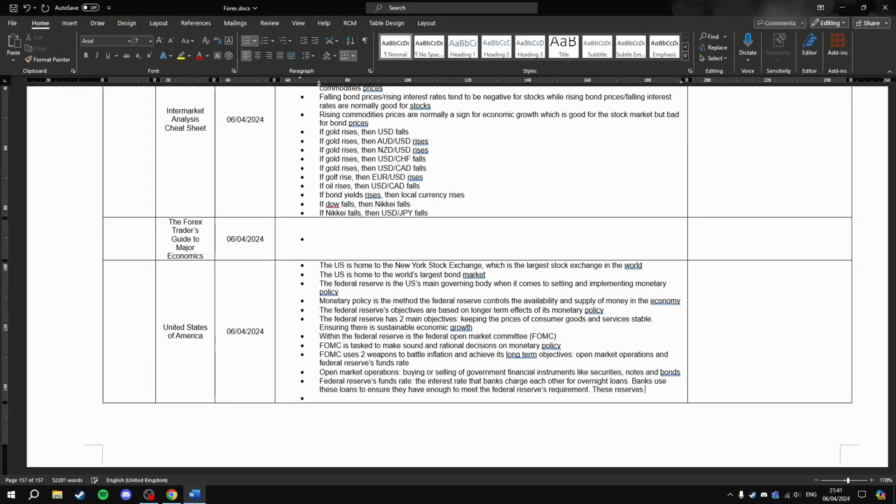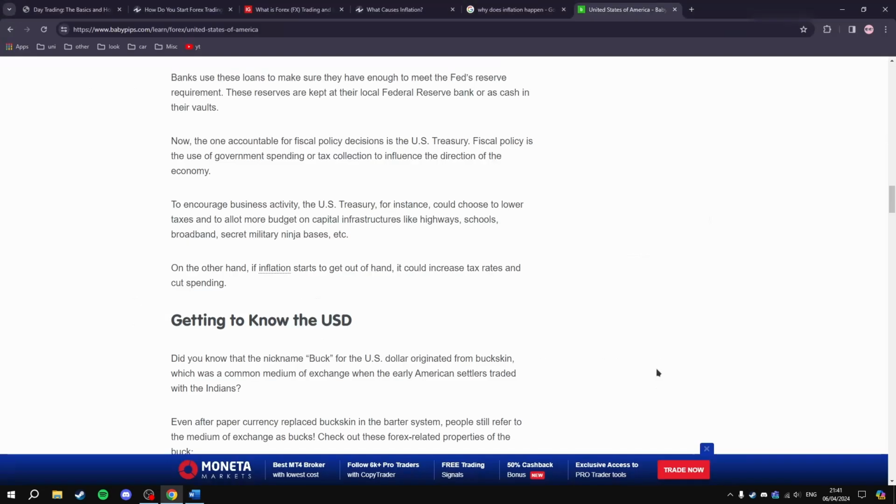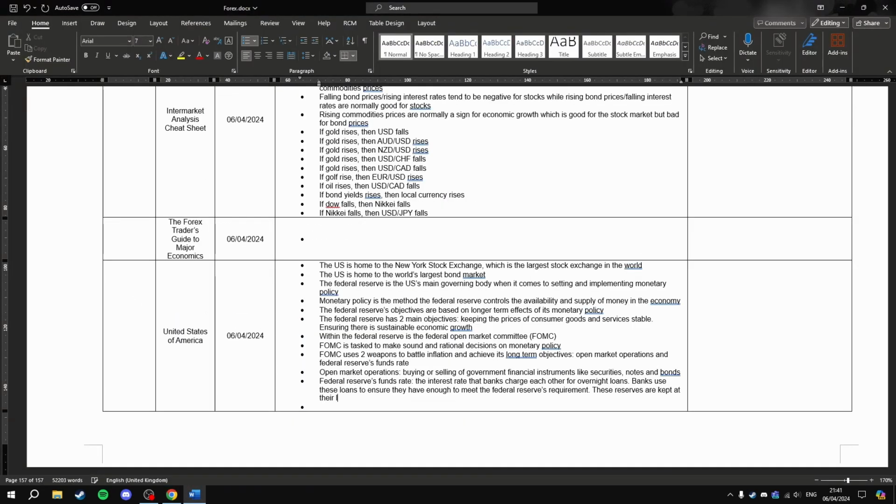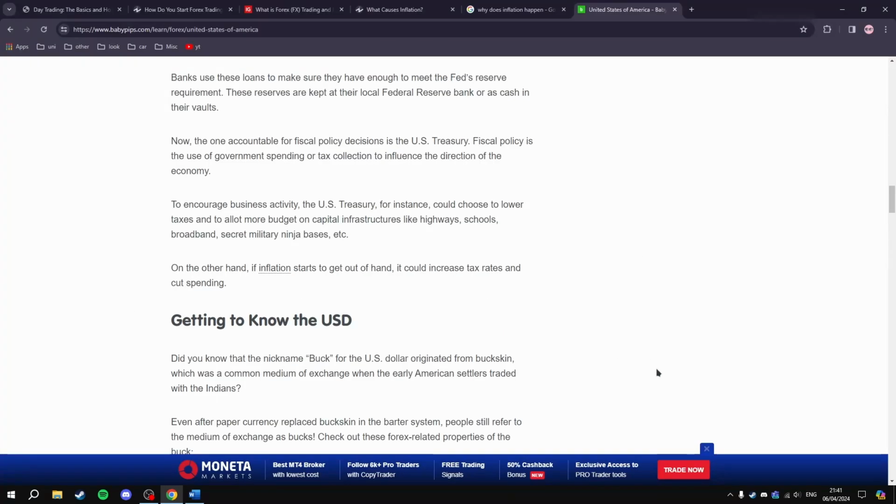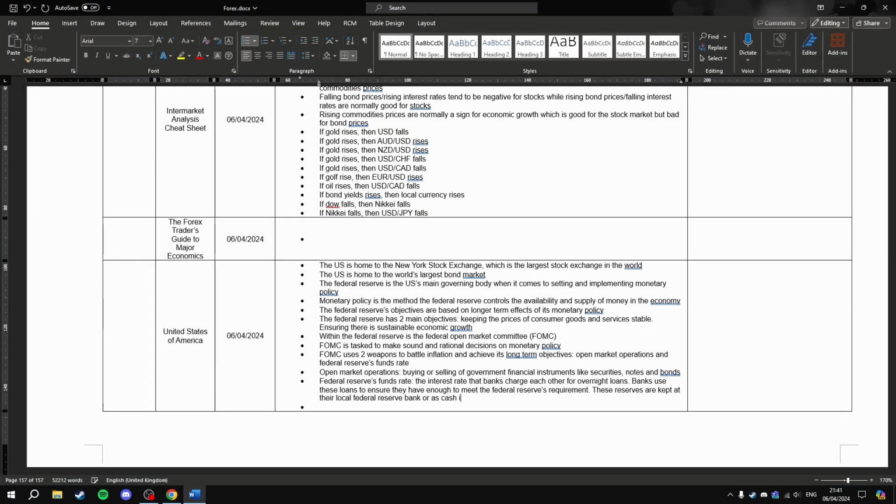These reserves are kept at their local Federal Reserve Bank or as cash in their vaults.